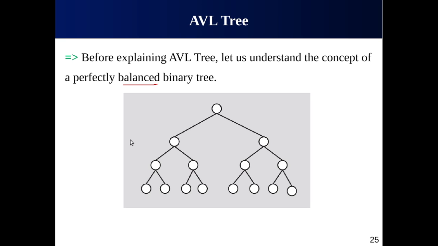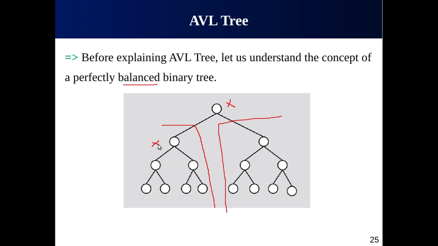The figures show a perfectly balanced binary tree. Let's suppose the tree is represented by T, which is a binary tree, and suppose X is a node in this tree. If this tree is perfectly balanced, then from the definition of the perfectly balanced tree, it follows that the height of the left subtree of x must be the same as the height of the right subtree of x.